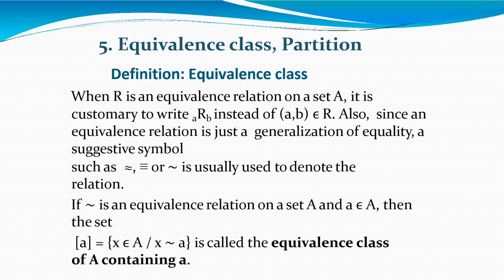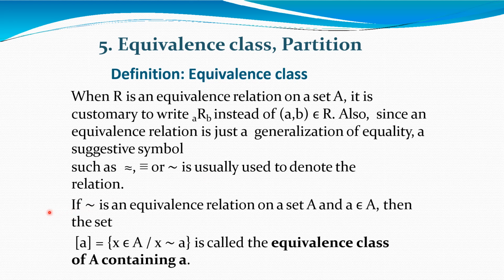When R is an equivalence relation on a set A, it is customary to write a R b instead of the ordered pair (a, b) belonging to R. Also, since an equivalence relation is just a generalization of equality, we can write symbols such as this one or this one or this one to denote the equivalence relation.